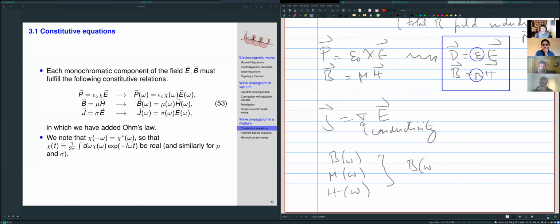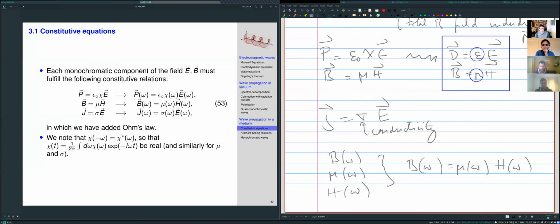Each one of these harmonic components should be related in these constitutive relationships. This is a bit of a leap, because one thing is to cast the constitutive relationship in terms of the total signal, and another is to look at just one spectral component.